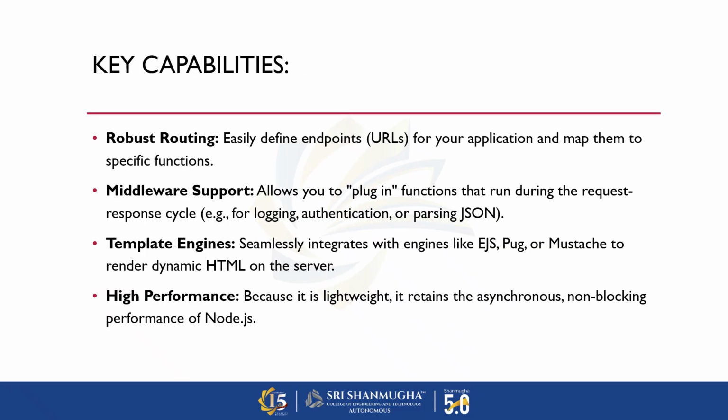The key capabilities of Express.js are robust routing, which basically defines the endpoints for your applications and maps them to the required specific functions. Express.js provides middleware support, which allows you to plug in the functions that run during the request response cycle, for example, for logging, authentication, and for parsing JSON objects.